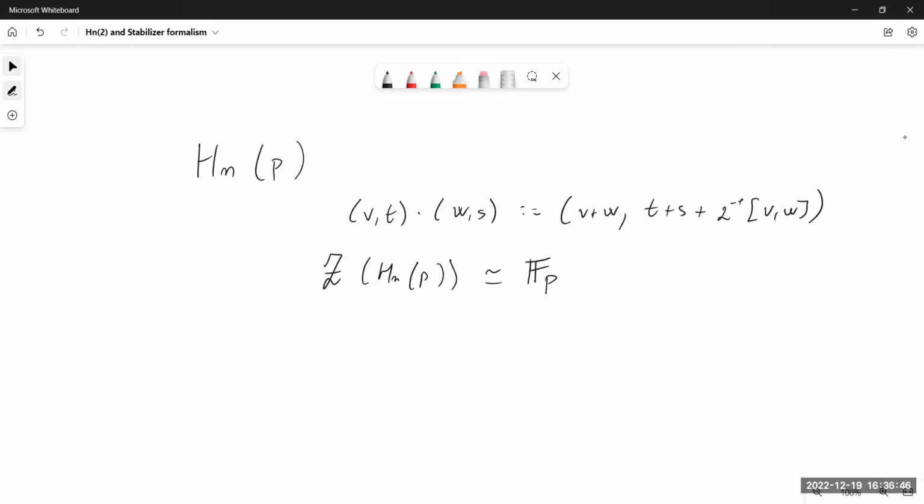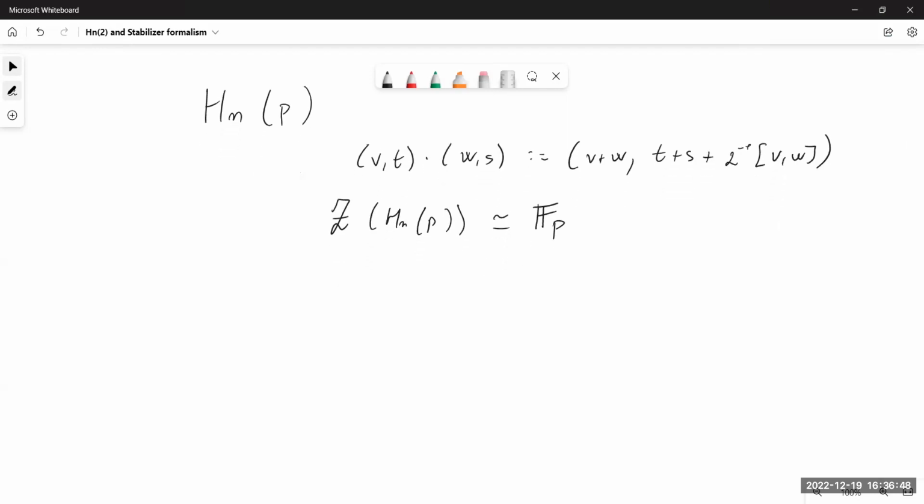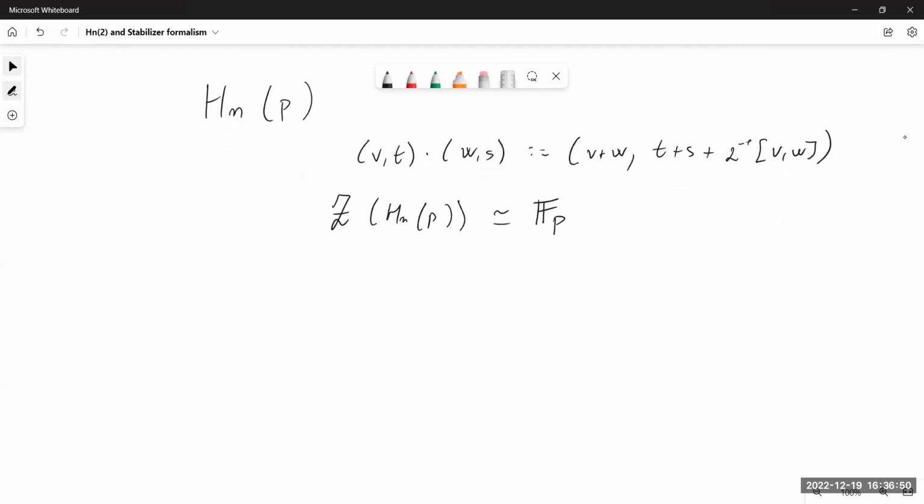And about this group, we also saw the form of the center fixing automorphisms, and we proved, or at least sketched, that these automorphisms are maps that send a pair (v, t) into (v, t plus alpha of v). Sorry, it's not v, it's G of v.